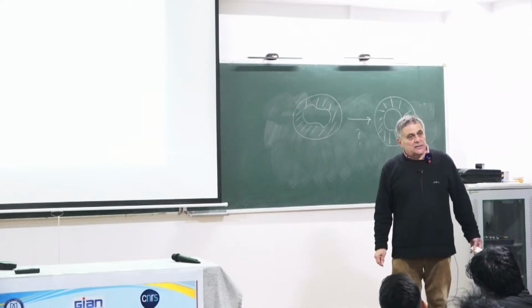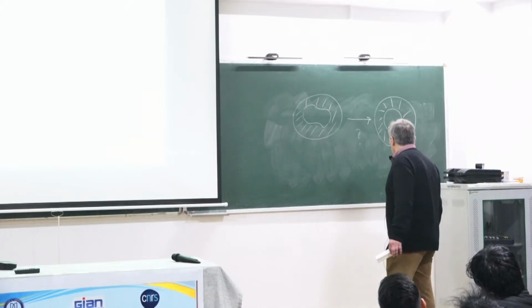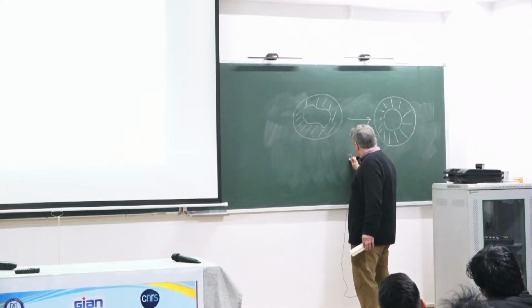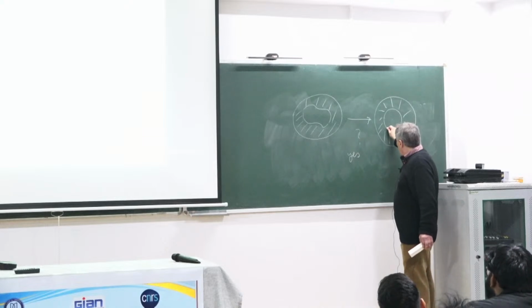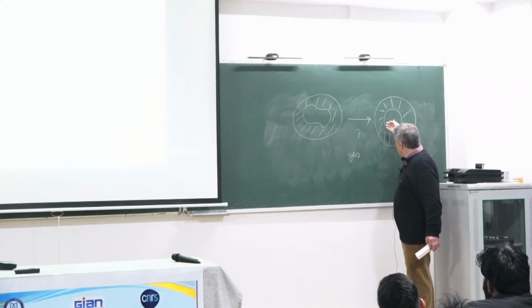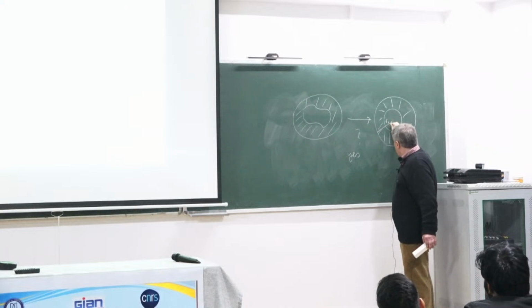The answer is yes, in fact, provided what I drew here is a Euclidean annulus. You see, this is a circle, and this is a circle, and this is radius R1, the big one, and the small one is radius R2.